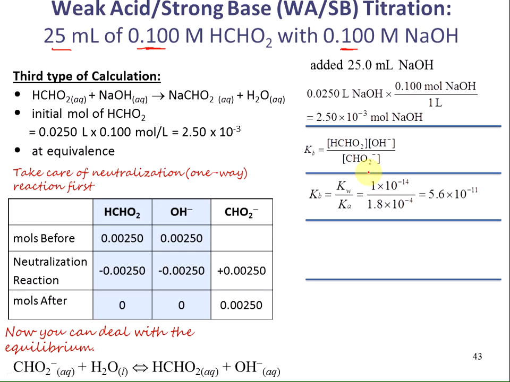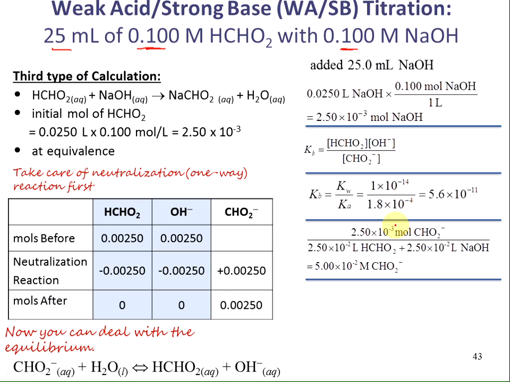Now to find my Kb, remember I knew my Ka from earlier as 1.8 times 10 to the minus 4th, and I know the Kw is 1 times 10 to the minus 14th. I can find my Kb value, which is 5.6 times 10 to the minus 11th.